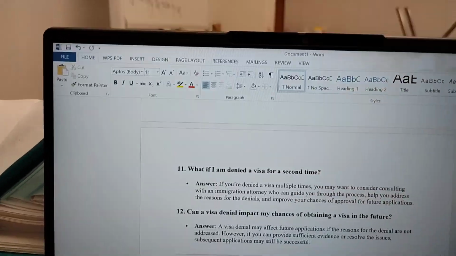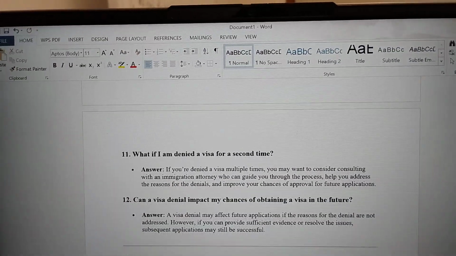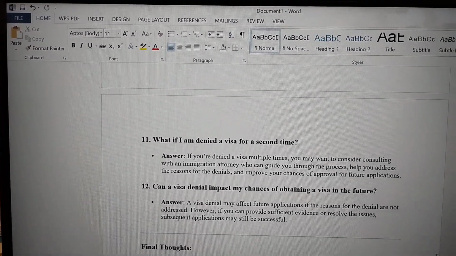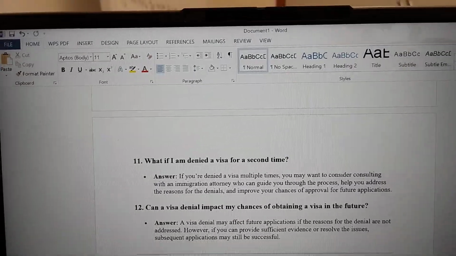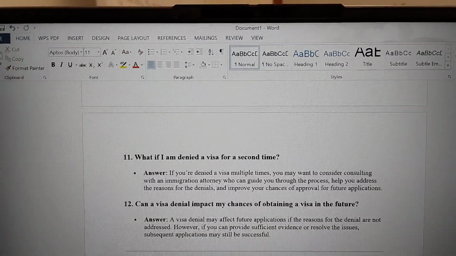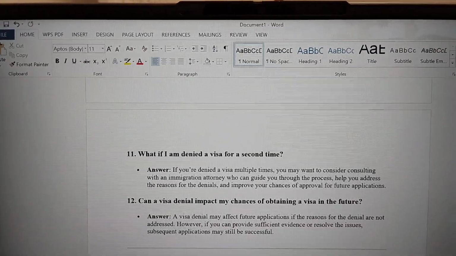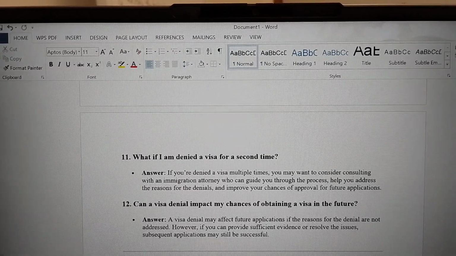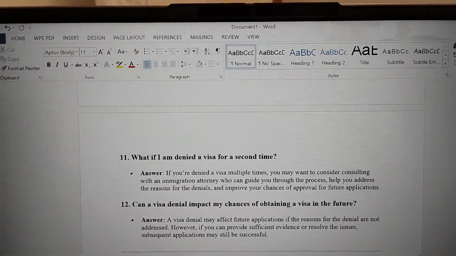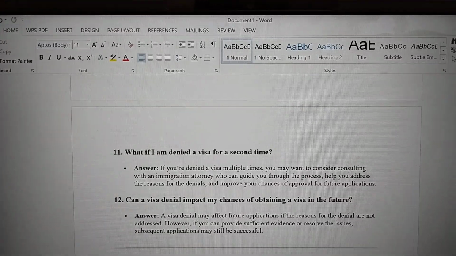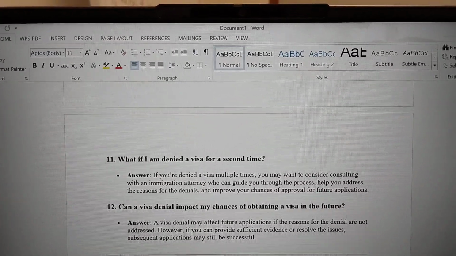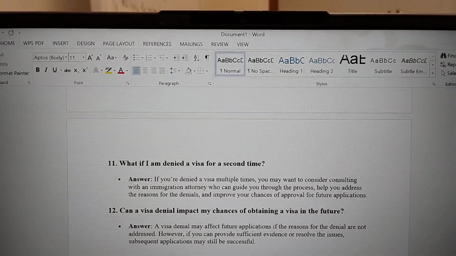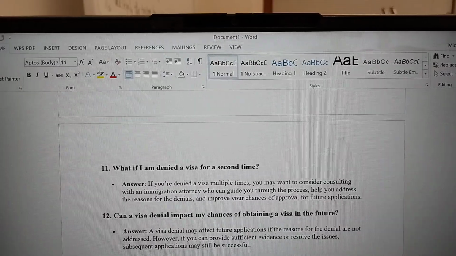However, the process of applying for a visa can be very frustrating. So it is important for you to remember that denials are not always permanent. With the proper documentation and a clear understanding of the reasons for the denial, you can increase your chances of a successful reapplication. Consulting with an immigration lawyer is always a good idea if you are facing repeated denials or complicated cases.